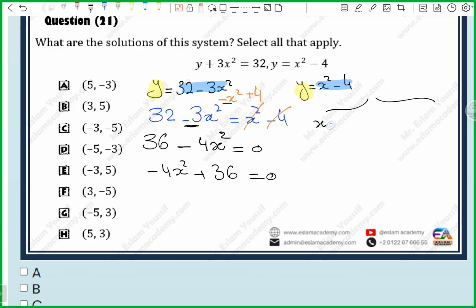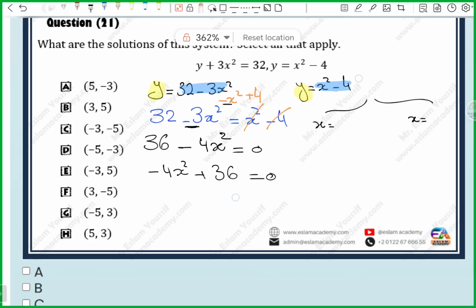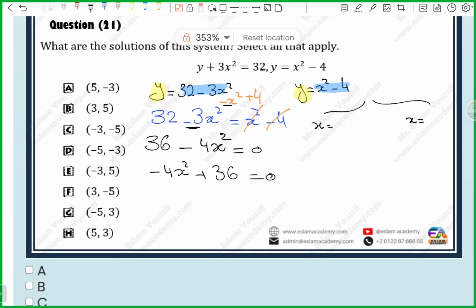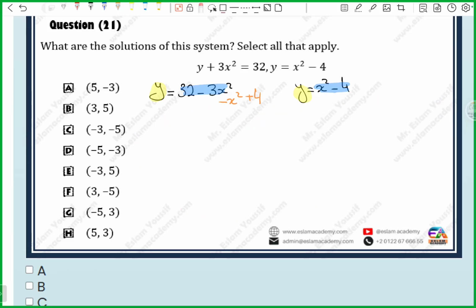Sir, can you explain the elimination part again? When you wrote 32 minus 3x squared equals x squared minus 4. Step number 1, we need an equation like y equals. That is the first equation. Write y on one side and the expression on the other.